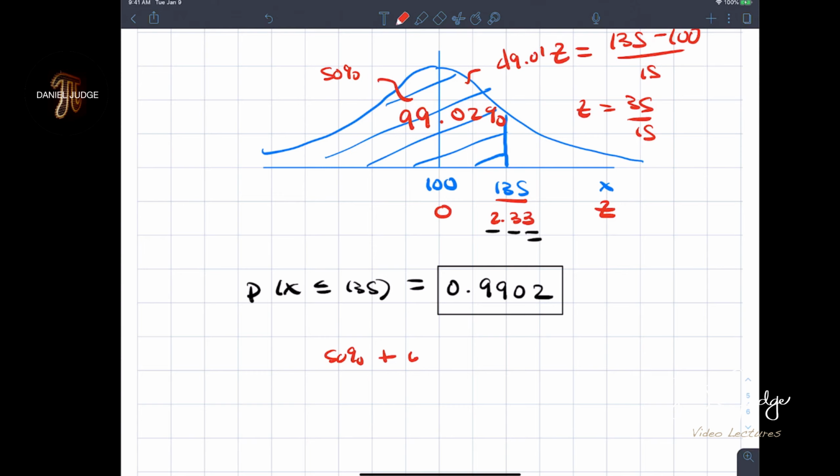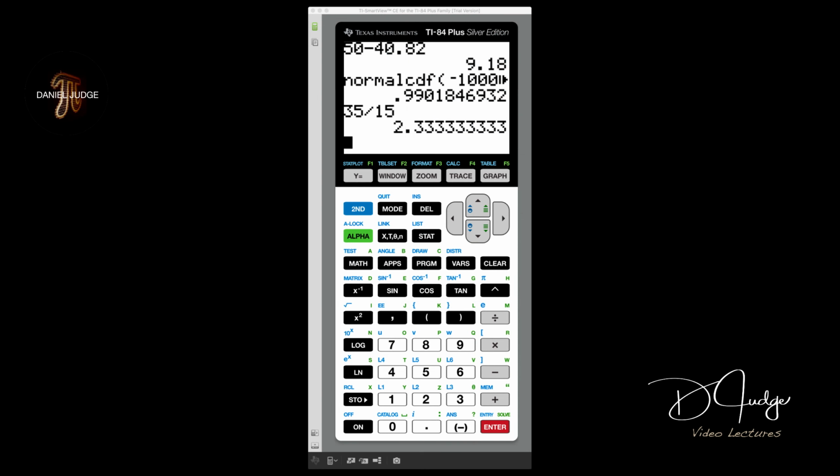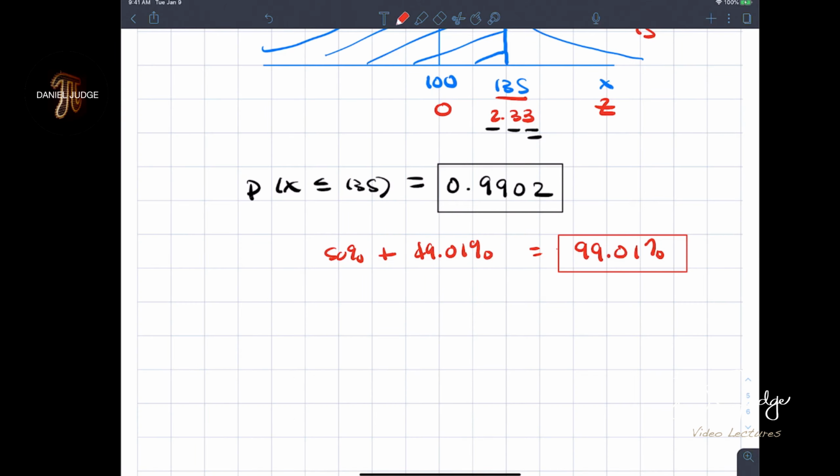So if I take 49.01 percent and add it, notice this gives us 99.01%. Now I'm happier about this because this is actually a bit closer. Compare what we got prior using the TI, which is 0.9902. So, ladies and gentlemen, using the table, we're a bit better with this approximation. That's kind of interesting.